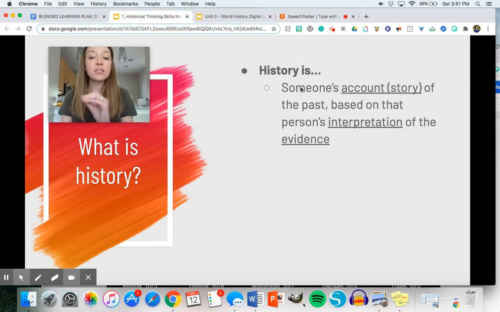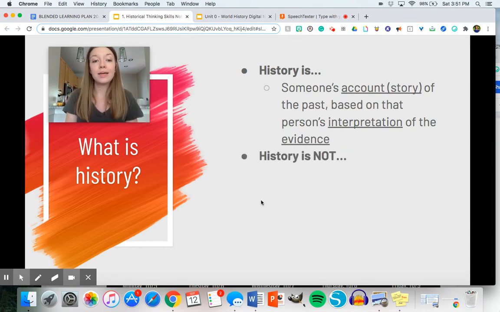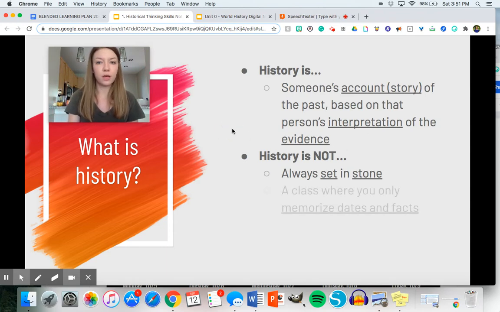This can change from person to person because we all interpret things differently. So history and the stories that we tell can be flexible. History is not always set in stone. The accounts that we hear have different perspectives because people are interpreting that evidence differently.